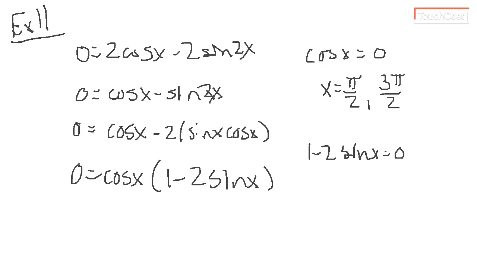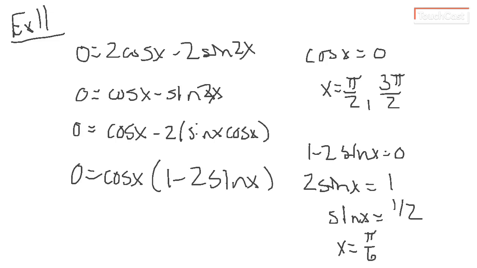If we're solving the second equation, we can have 2 sine x equals 1, so the sine of x equals 1/2. Well, when sine is 1/2, that means x has to be pi over 6, or it can be 5 pi over 6 using our unit circle.